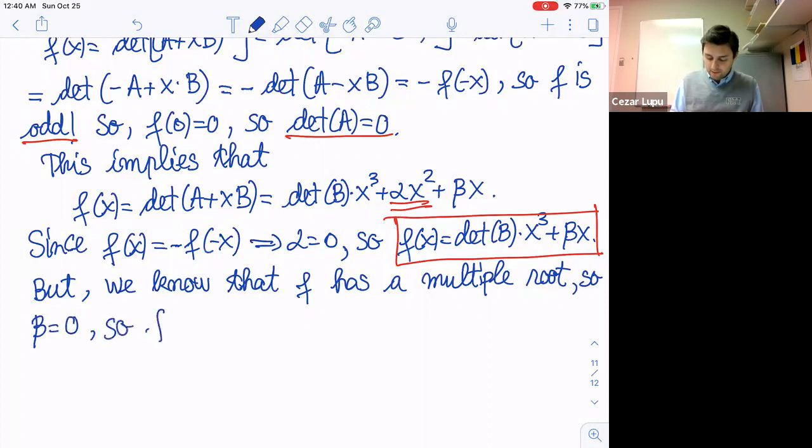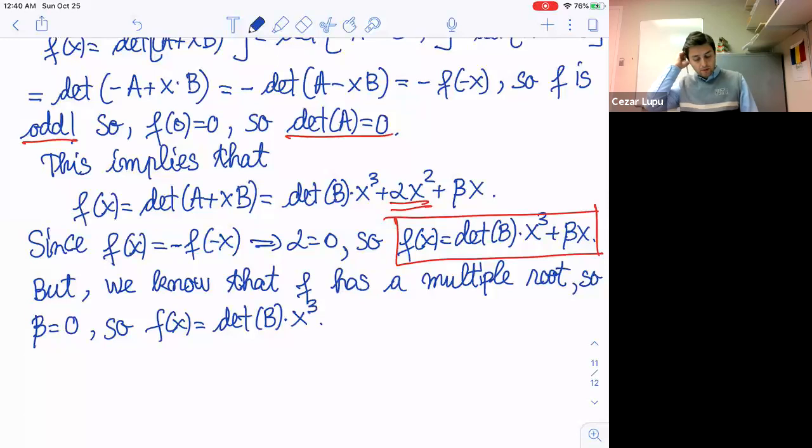So f of x is the determinant of B times x cubed. And at this point, this is the determinant of A plus xB.